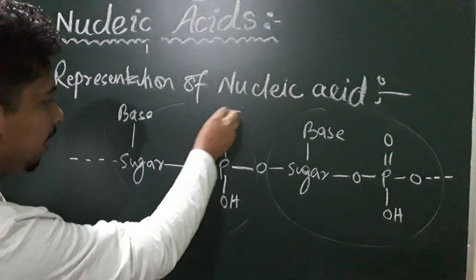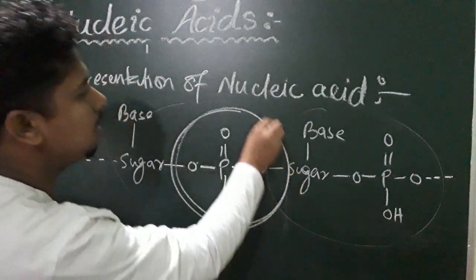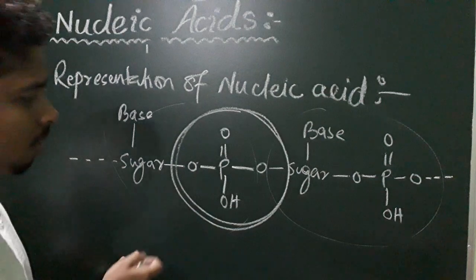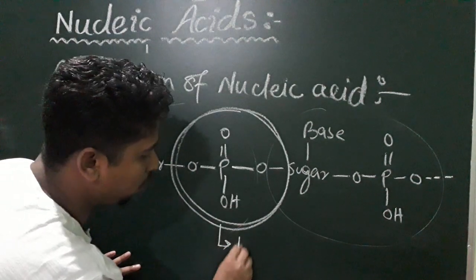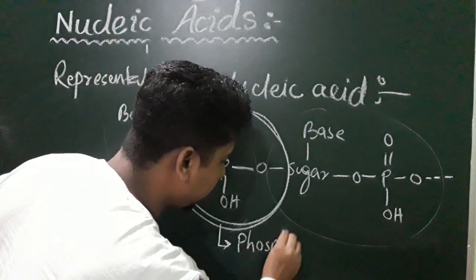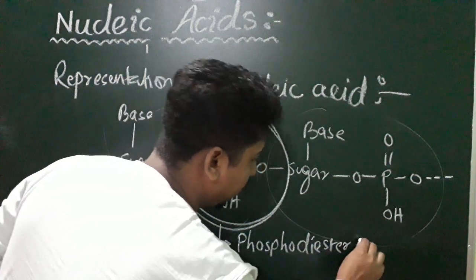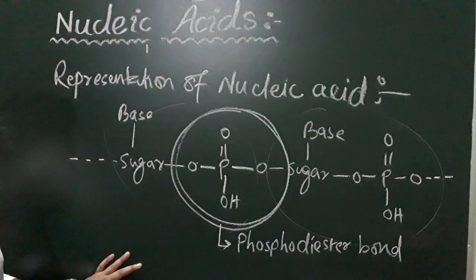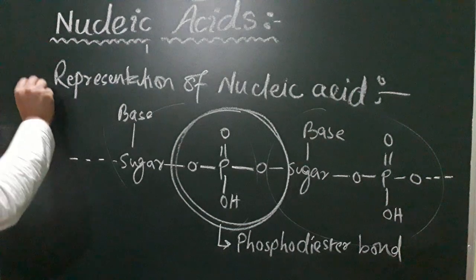If you draw the exact structure, you will see the exact representation of this phosphodiester bond. So this is the representation of nucleic acid.